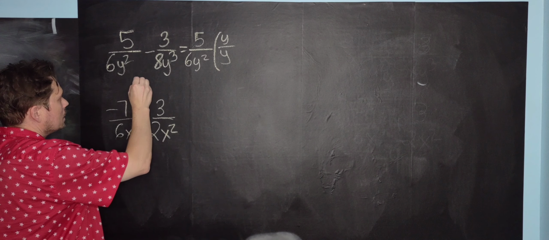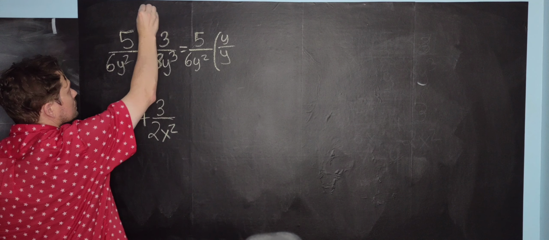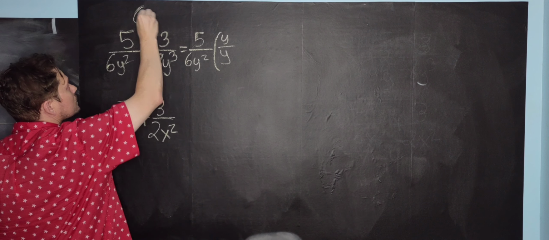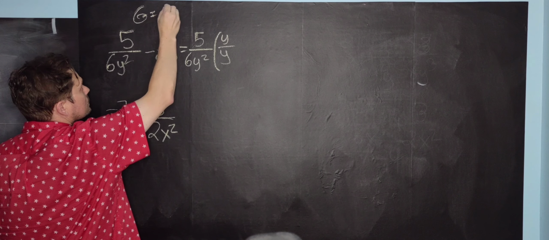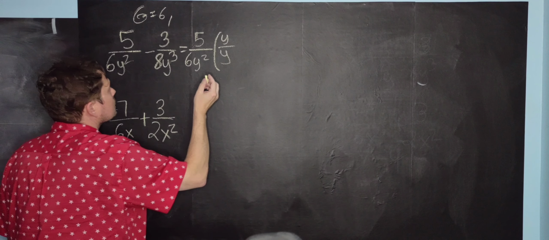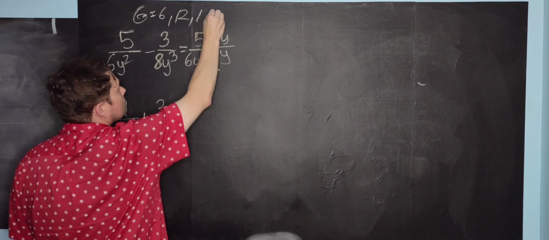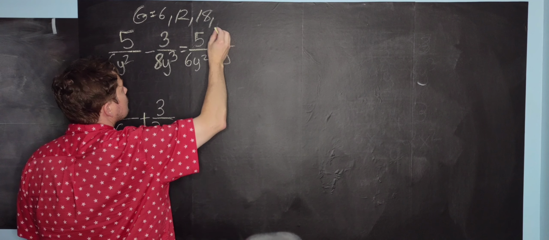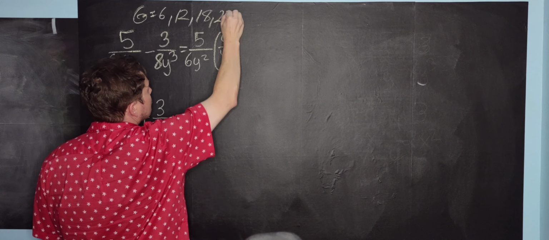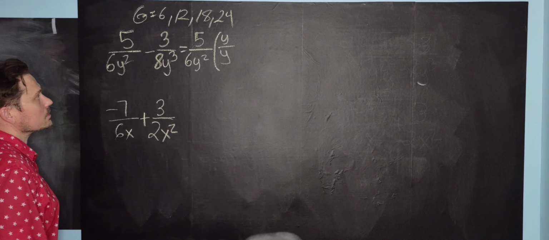For example, write out the multiples of 6. 6 times 1 is 6, 6 times 2 is 12, 6 times 3 is 18, 6 times 4 is 24, so 24 is one value.